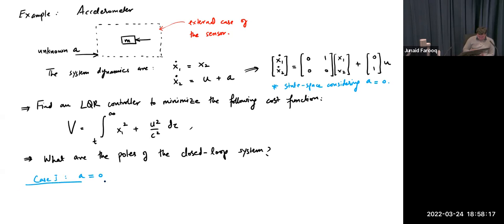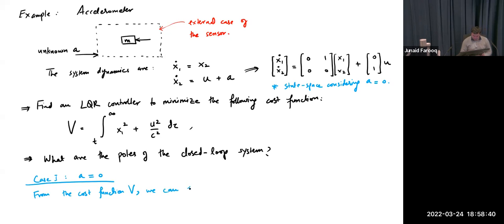So if A is 0, from the cost function V, you can figure out what the Q and R matrices are.